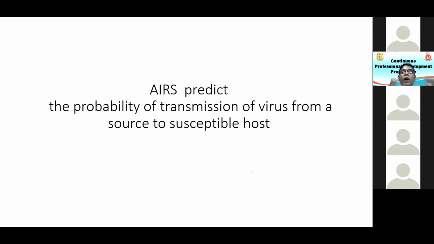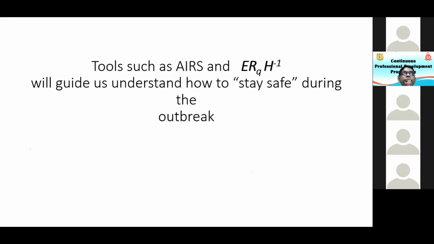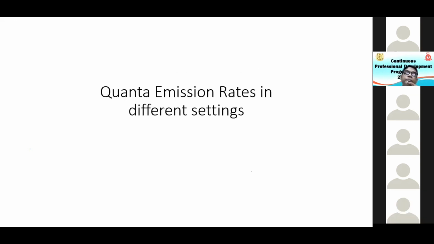If we know how to do that, we can stay safe, and also we can tell others how we can stay safe during this COVID outbreak. Tools such as airborne infection risk score and contamination rate per hour will guide us to understand how to stay safe during the outbreak.